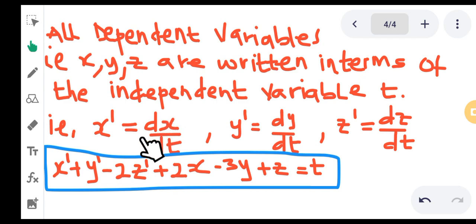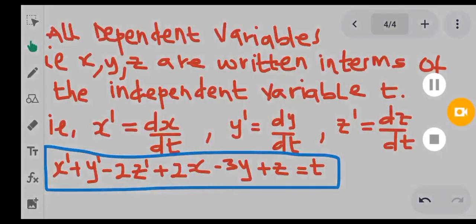In an ordinary differential equation, the dependent variables can be changing, so here the dependent variables are x, y, z. They change, but with respect to only one independent variable, which is t. Note that. Thank you very much.